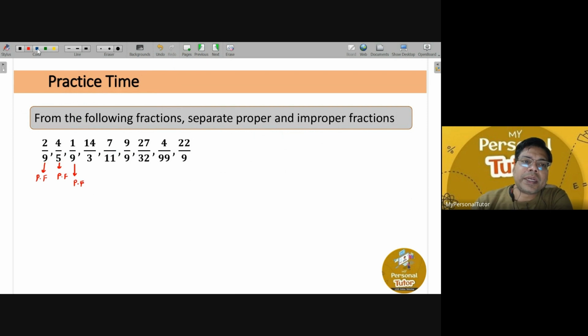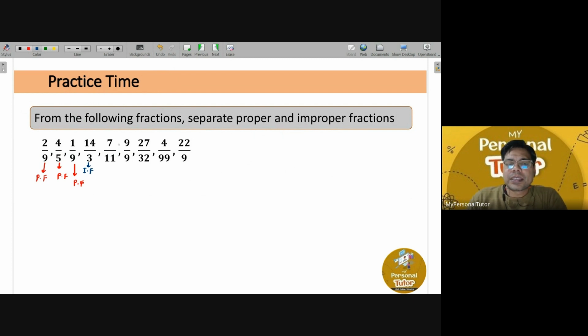Now coming to the next part, that is 14/3. So here, if you observe carefully, numerator is more than denominator. So what it says, whenever numerator is more than denominator, it is called an improper fraction, right? So this is nothing but an improper fraction. Next, 7/11.